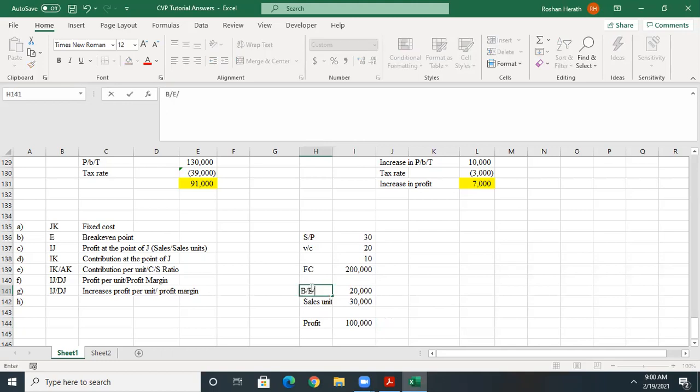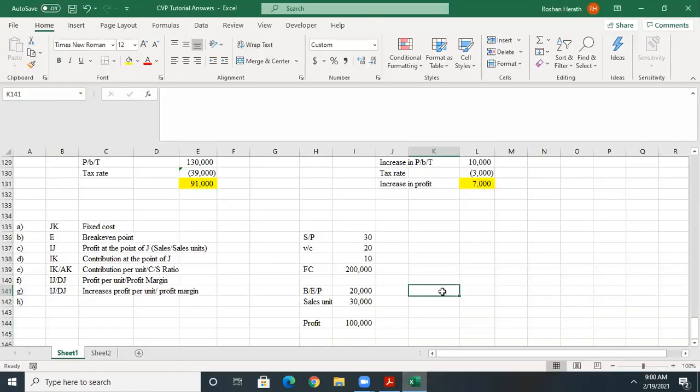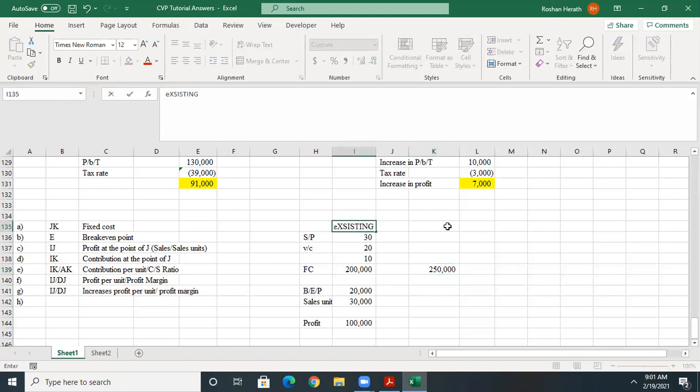Break even point, right? Then the question asks us what if the fixed cost were to increase. Let's say that your fixed cost goes up to 250,000. This is a new scenario, right? The existing one is the old scenario, and this is the new scenario.